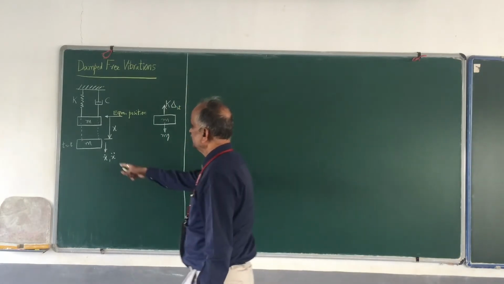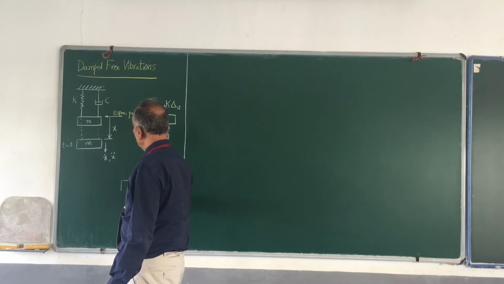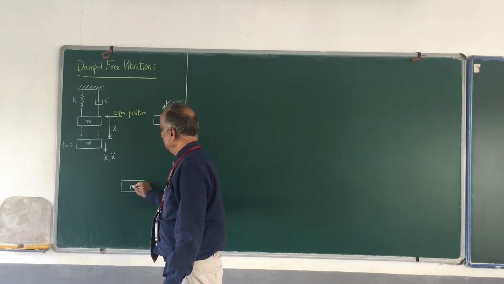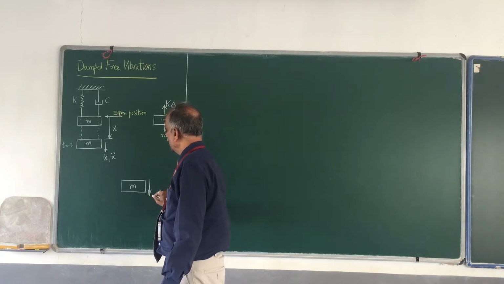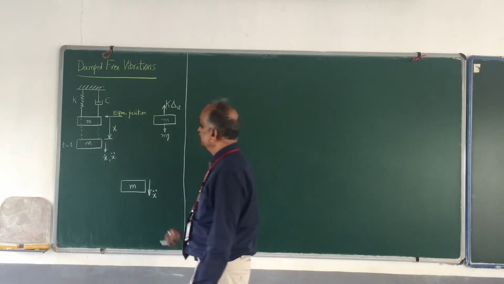Now in the position at t equal to t, let me draw the free body diagram. Please remember, I am not going to apply the equilibrium condition because the mass is in motion, and I know that it is having x double dot acceleration. It is already having displacement x. Then what are the forces that are acting?